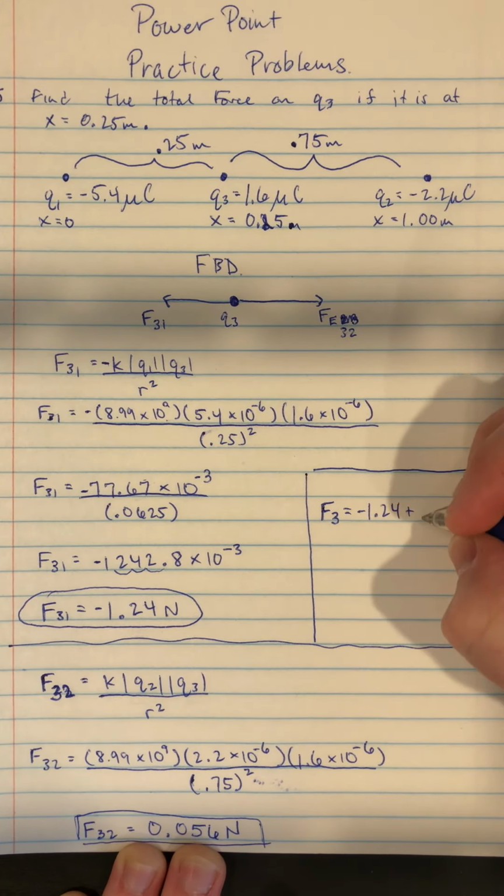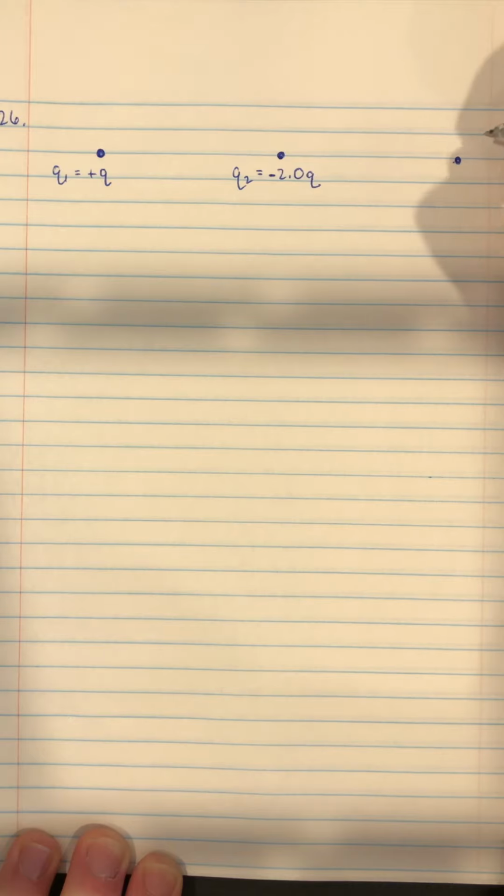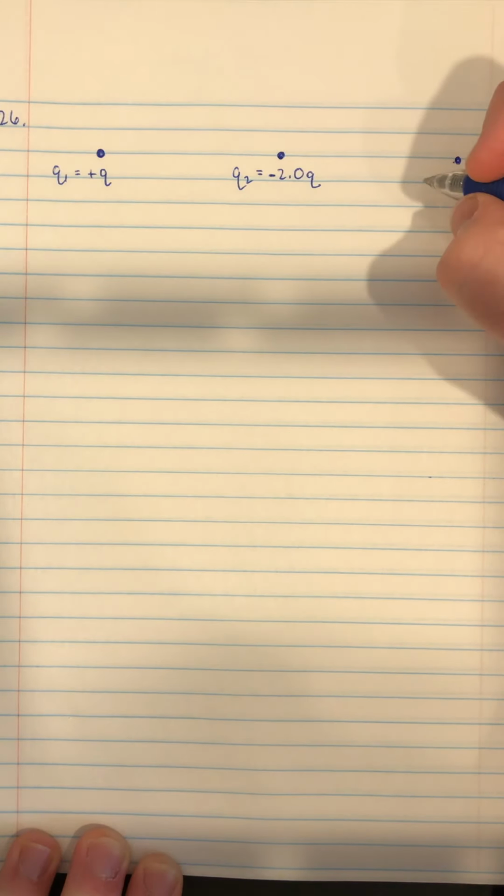So we have Q1, which is equal to positive Q. We have Q2, which is equal to negative 2.0 Q. And we have Q3, which is positive 3.0 Q.